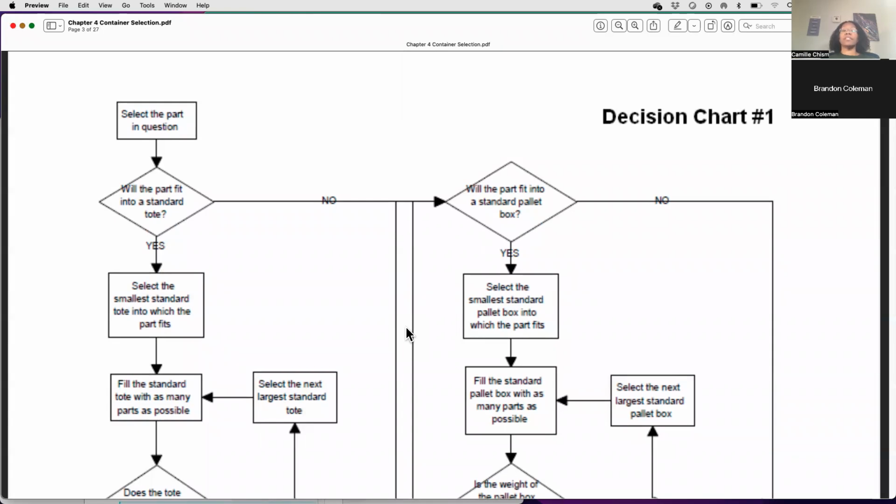Okay, so decision chart number 1, select the part in question. This seems pretty obvious to us, but you would be surprised how many times, working in automotive packaging, I ask someone the size of the part and they either don't have it, or they say it's not fixed yet, or they say, what do you need that for?